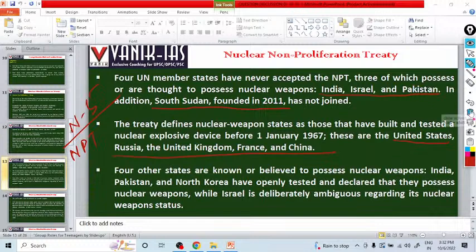So it is presumed that there are legitimately five nuclear weapon countries, the N5, and these are the de jure, and there are some de facto: India, Pakistan, Israel, North Korea.